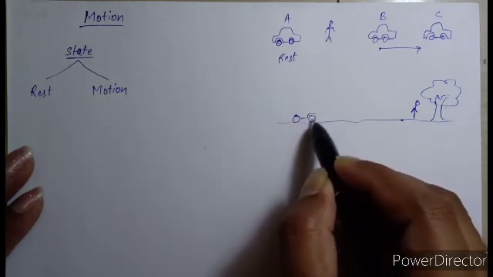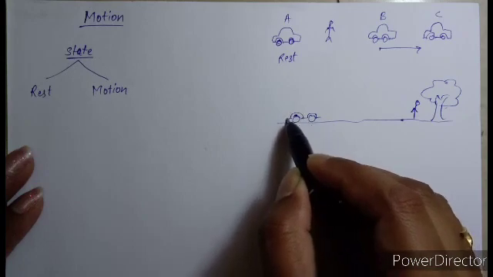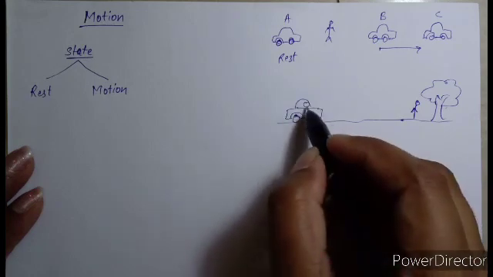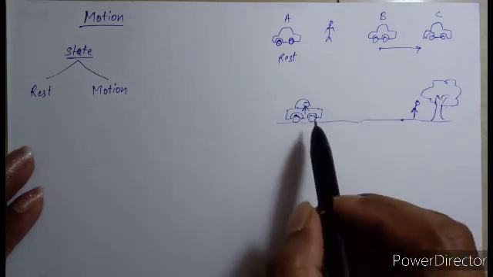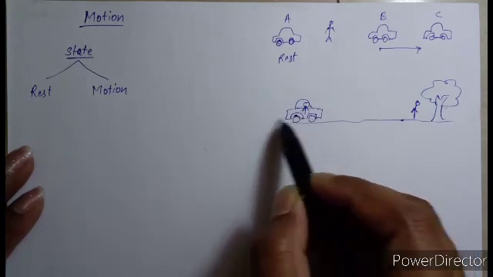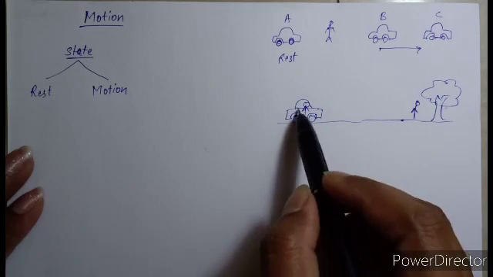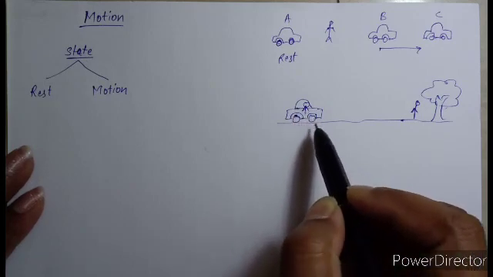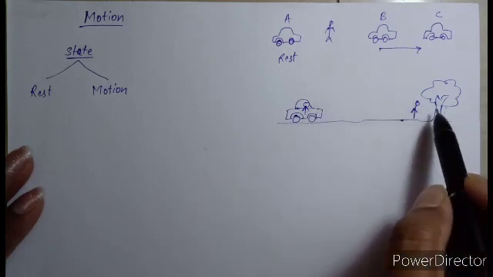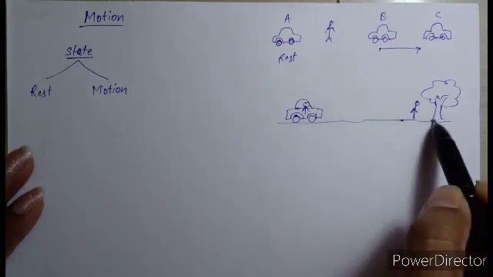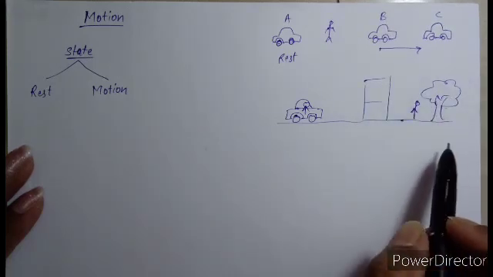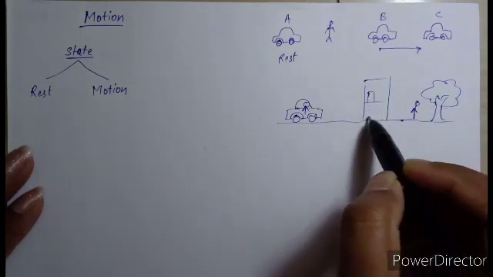But the person sitting inside the car, if he is the observer, then according to that person the car and the seat of the car are all at rest. But when he looks outside the window, he will see that the person, the tree or any buildings are all in motion, all are moving.